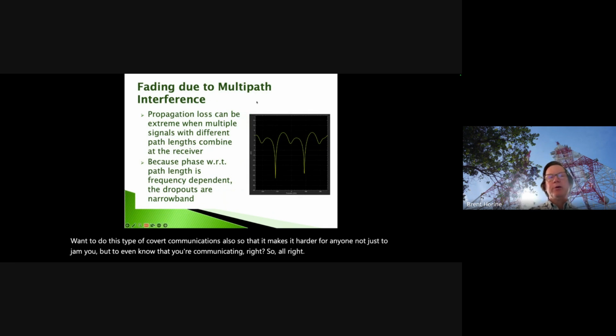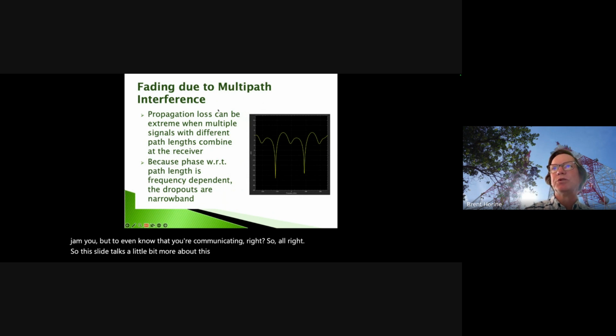This slide talks a little bit more about this fading due to this multipath interference, again, where we have multiple paths of different lengths from the transmitter to the receiver, right? And so propagation loss, this is a kind of spectrum analyzer display of frequency versus amplitude or response here. And at a central frequency, maybe we've got a nominal level.